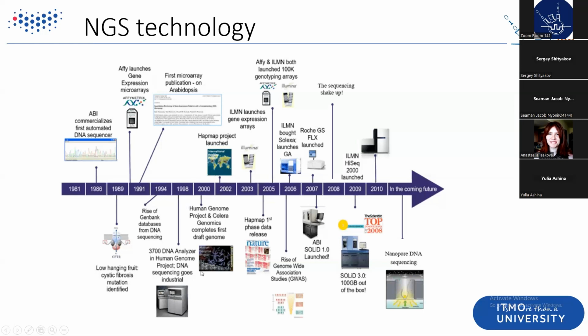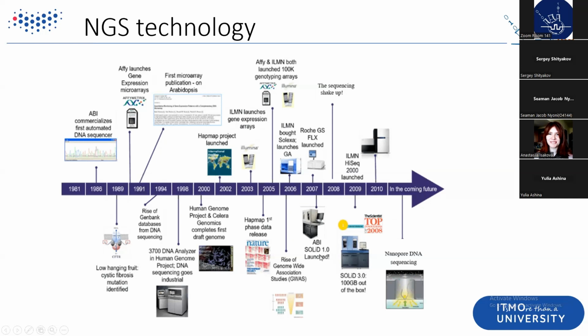In that time, the human genome was the first genome sequenced completely, and researchers created the HapMap project to analyze the sequenced genome. And the first gene expression arrays were introduced by Illumina and published in Nature.